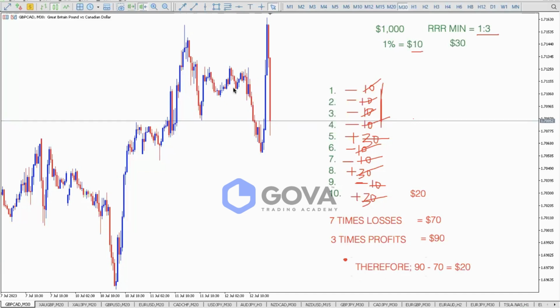So you can see at the end of the day, even after losing 7 times, you were still able to make a profit of $20. So now, how much is your account balance?